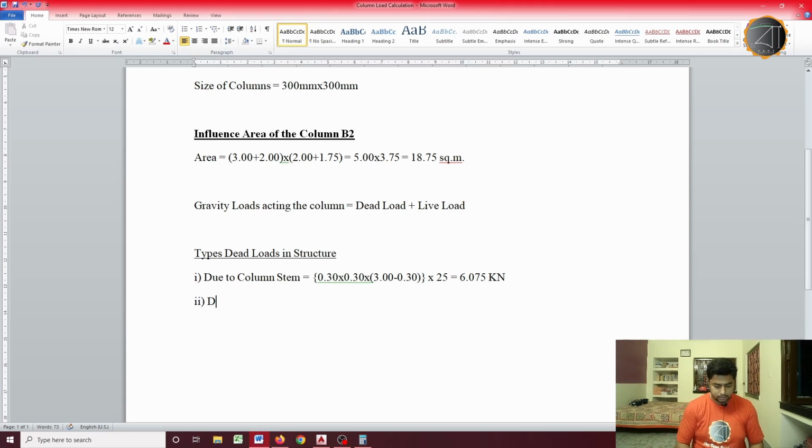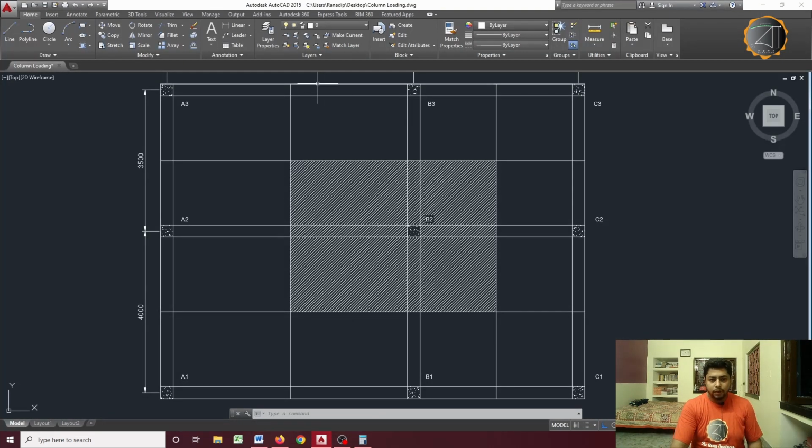Second, due to beam rib or web, same thing, we have to calculate the volume and multiply with the density. We know that we have to multiply 3 dimensions, that is length, breadth and depth. Length is something we have to find out. We know that this total is 5 meter, because 3 meter plus 2 meter, and this total will be 3.75 meter, right.